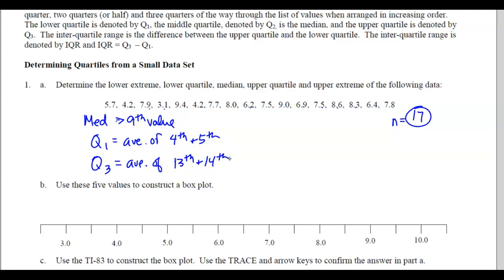Okay, so if we list them in order here, or go through them in order, smallest is 3.1. I want to look for the 4th and 5th. So 3.1, 4.2, 4.2. Next one is 5.7, so that's going to be 5.7 and 6.2.